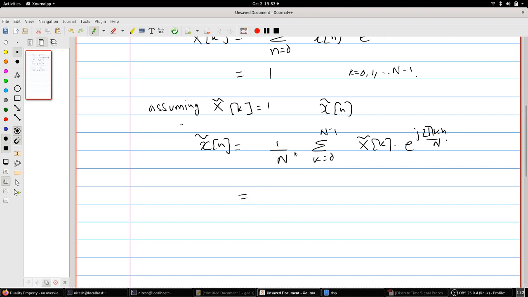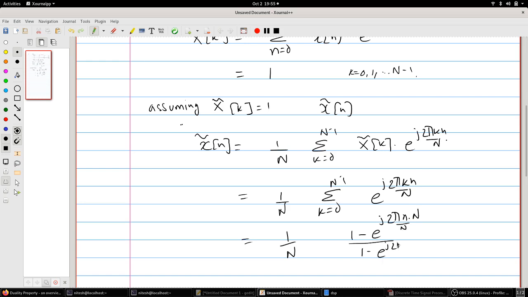So this turns out to be 1 upon N summation k equal to 0 to N minus 1 of e raised to j 2 pi k n over N, because your x tilde of k is 1. I know that this will turn out to be 1 minus e raised to j 2 pi n, divided by 1 minus e raised to j 2 pi n upon N, right?